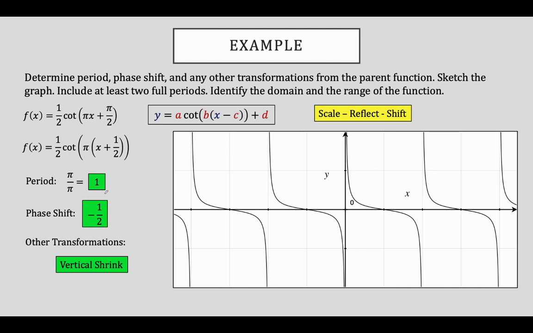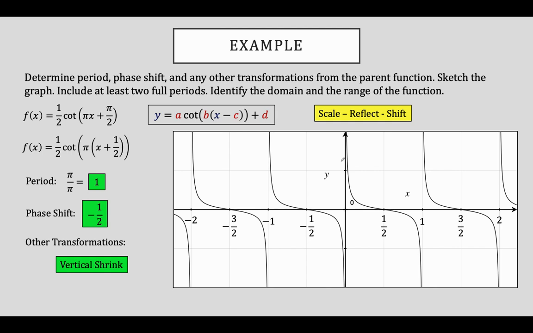That's going to change our period. Well, period for tangent and cotangent, we go from one vertical asymptote to the next vertical asymptote. So I've got a vertical asymptote here. It repeats itself here. That means I can label this x-coordinate as being 1. Going the opposite direction, here I would have -1, which means that each one of these tick marks is going to represent a half.